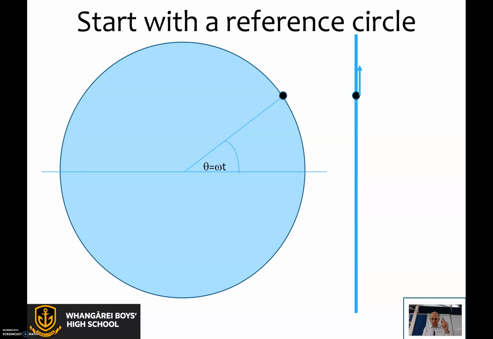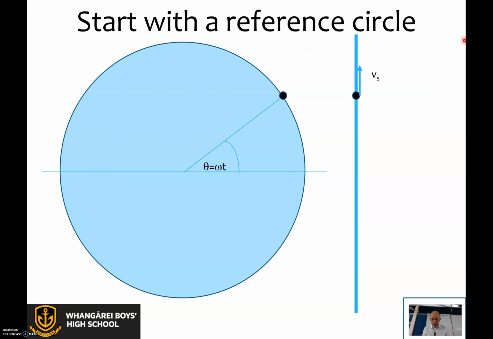So at this precise moment, it's going up, and we know that because the simple harmonic motion reference circle marker is at this point, and everything rotates in the anti-clockwise direction.